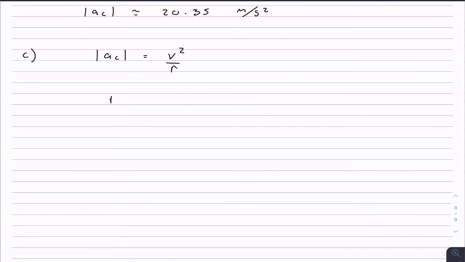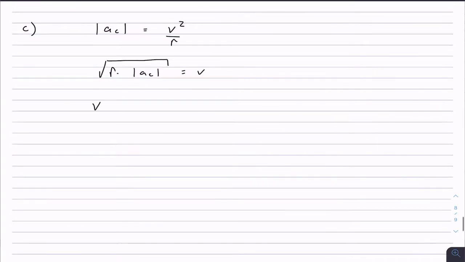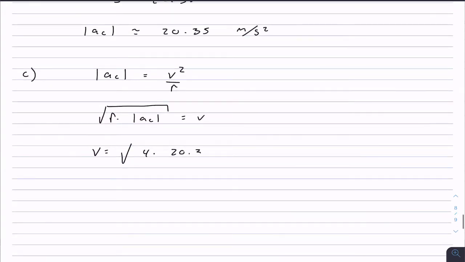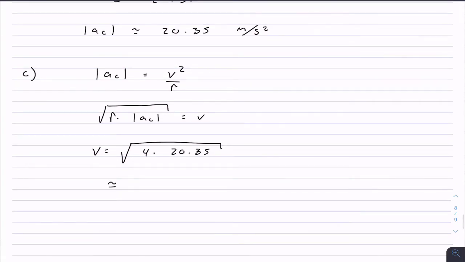So the square root of r times a_c is equal to v. So v is equal to the square root of 4 times 20.35. Plugging these values into my calculator, I end up with 9.02 meters per second.